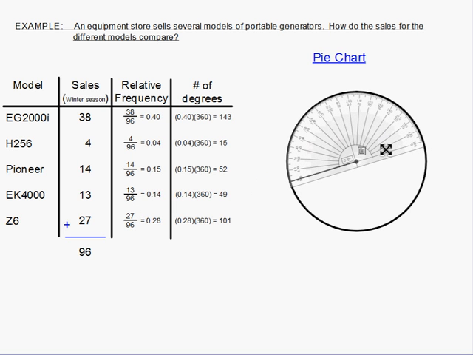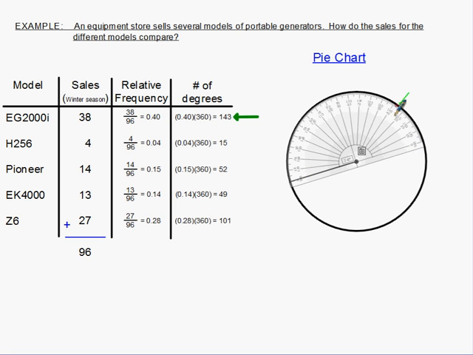So we need to start here and go 143 degrees. It'll be somewhere around here. To do that, we need to grab a protractor, bring it over here, and line it up.